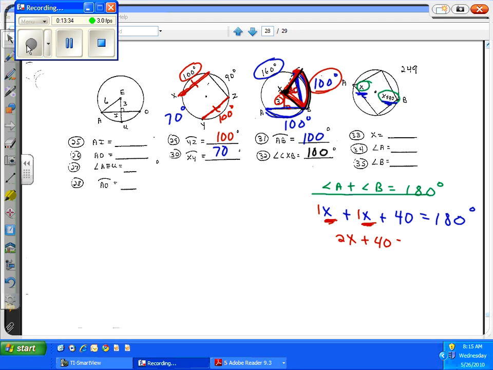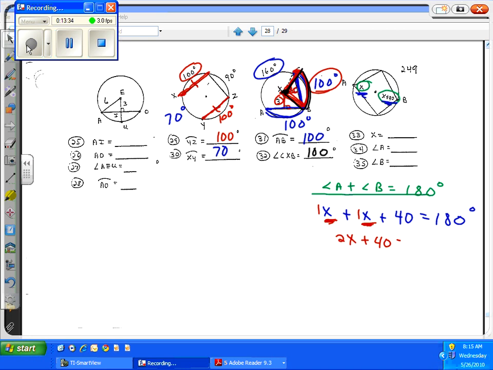Therefore, the measure of angle A, which is x, plus the measure of angle B, which is x plus, that's a little bit unclear on my transparency. I'm going to pause. That is 40 degrees. I was just double checking. X plus 40 is equal to 180 degrees.